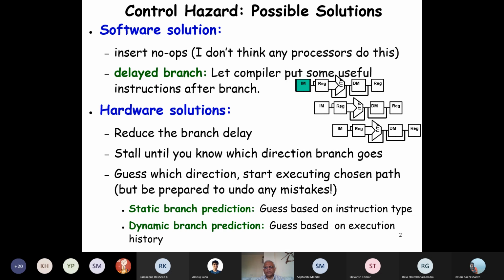But if we look at a deep pipeline, by the time the branch outcome is known, it may be possible that some instruction has updated or overwritten a register with a new result, or updated the memory, and then it will be very difficult to undo.